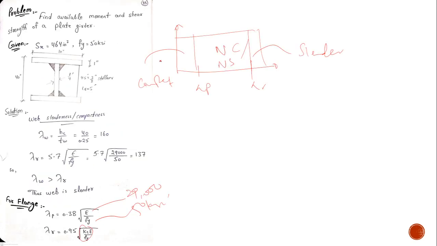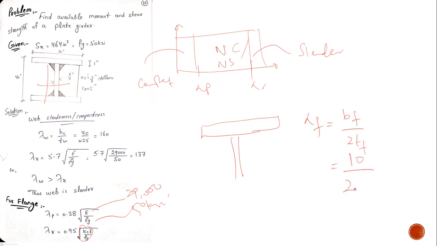Lambda f is very important. Likewise, like we computed the lambda w, height divided by its thickness, while calculating the lambda f, the formula used should be bf divided by 2tf. So if bf is 10 inches, so 10 over 2, and thickness of your flange, tf, is 1, so 2 into 1, we get 5.